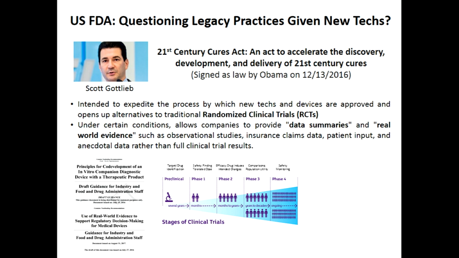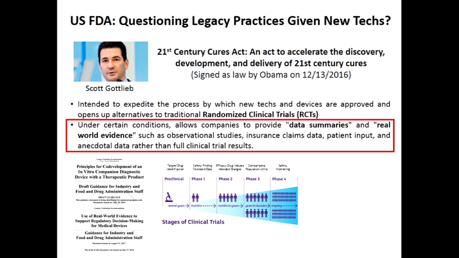In that legislation, what is actually called for is a reconsideration of the RCT, and maybe the substitution of RCTs with data summaries and real-world evidence. This is going to have pretty big implications for how one brings evidence to the FDA as part of a filing. They put out a number of reports kind of advocating these changes right here.